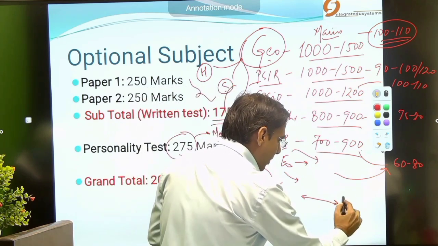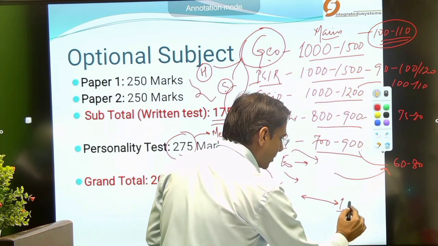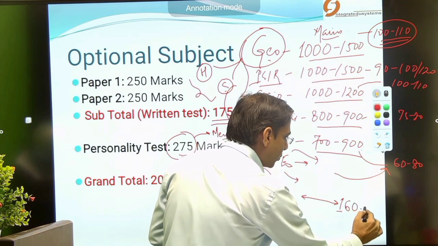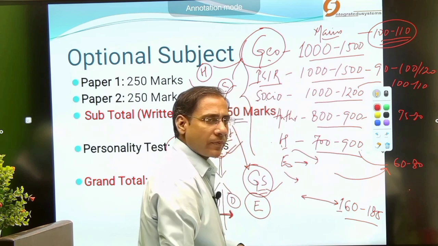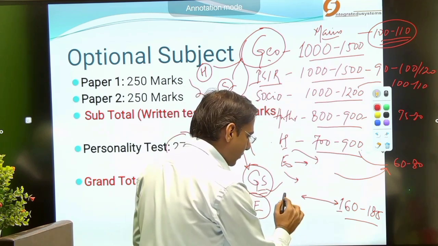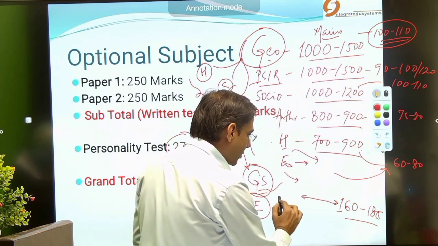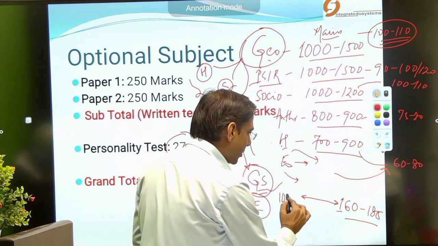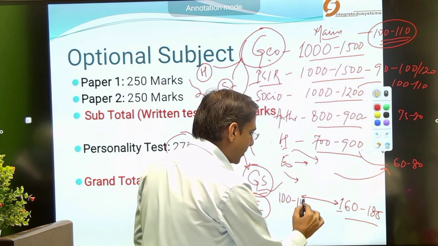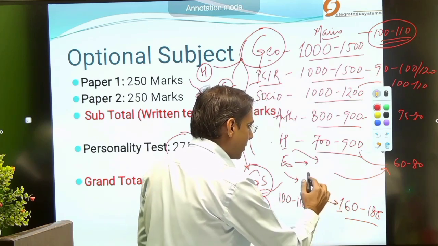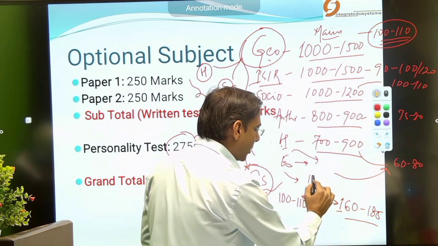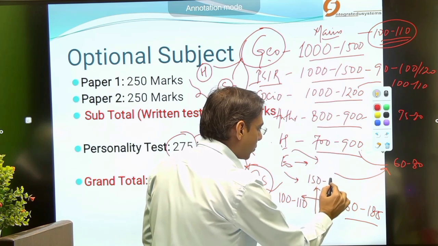The best marks here are between 160 to 170 or 185. This is the best marks. What is the average marks? When you find out, the average marks is 100 to 110. And what is the good marks? The good marks is between 150 to 160.